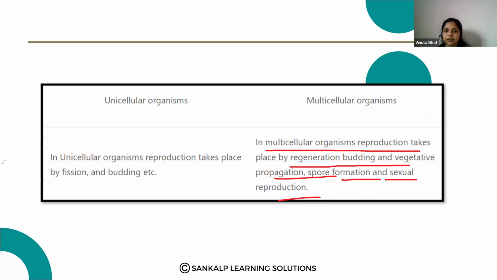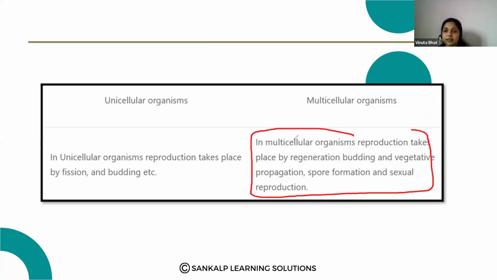So these are the different methods of reproduction in multicellular organisms, but fission and budding take place in unicellular organisms. So reproduction in unicellular organisms is different from that in multicellular organisms.